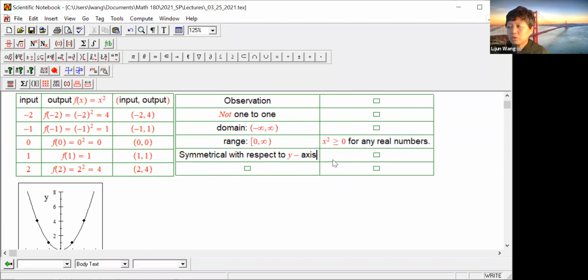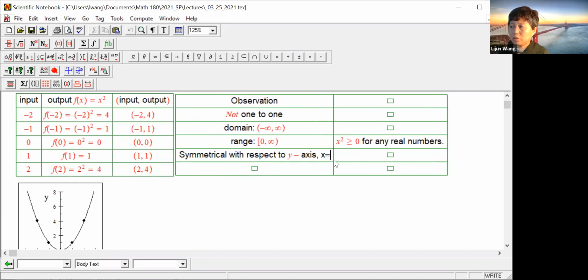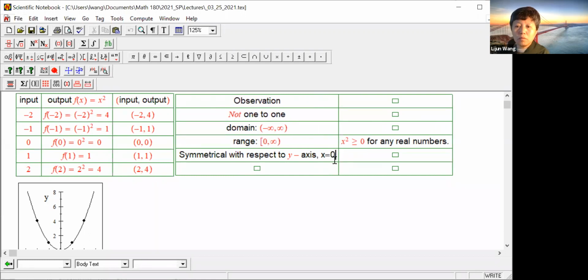And what is the equation of the y-axis? x equals 0, right? The equation for the y-axis is x equals 0.